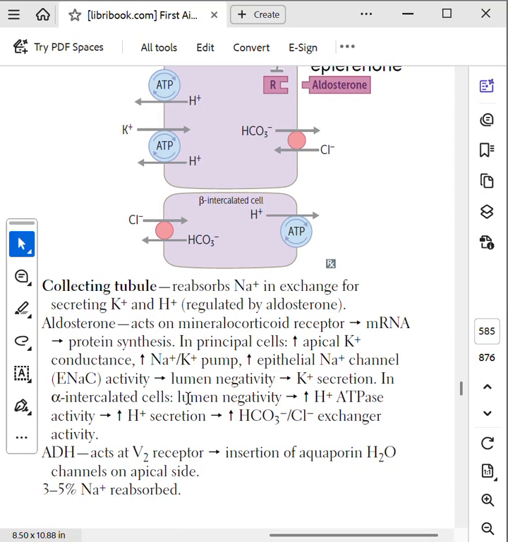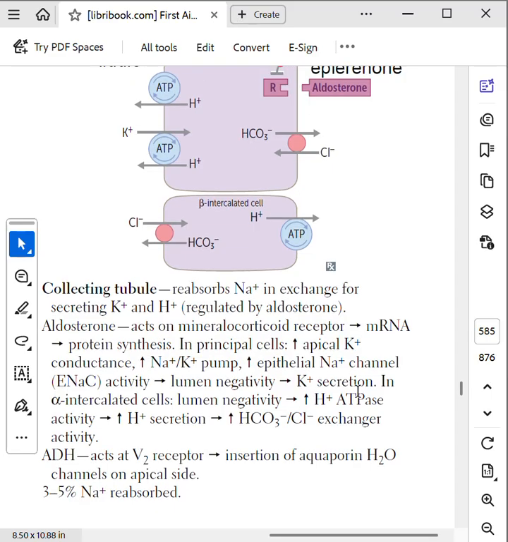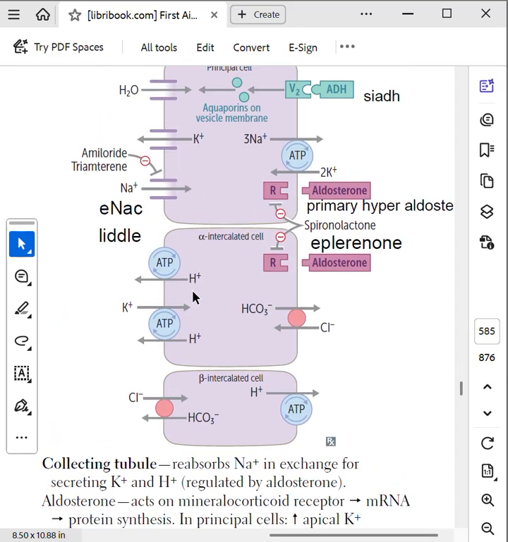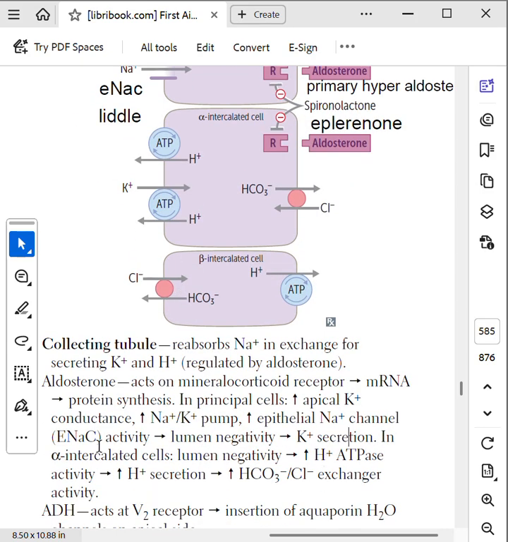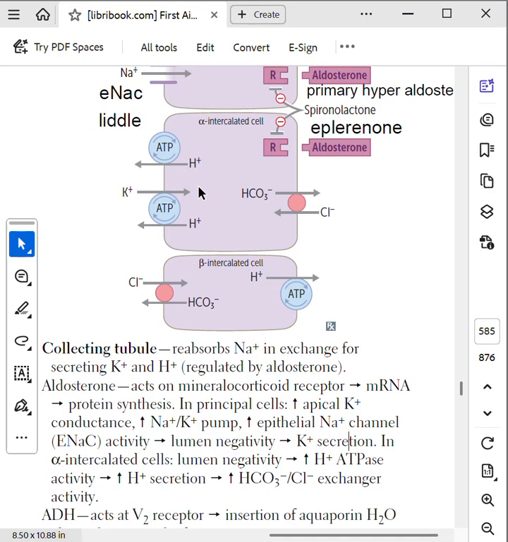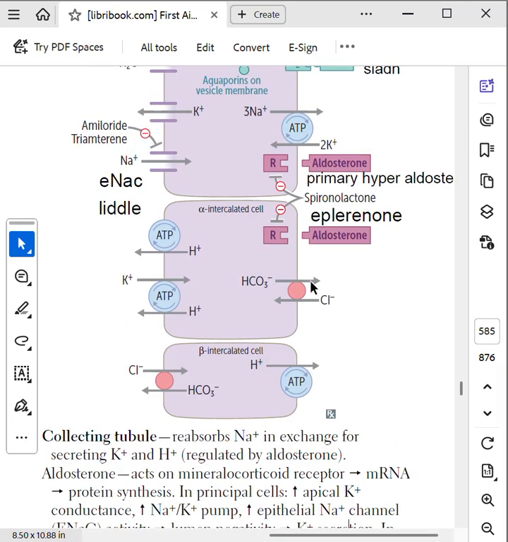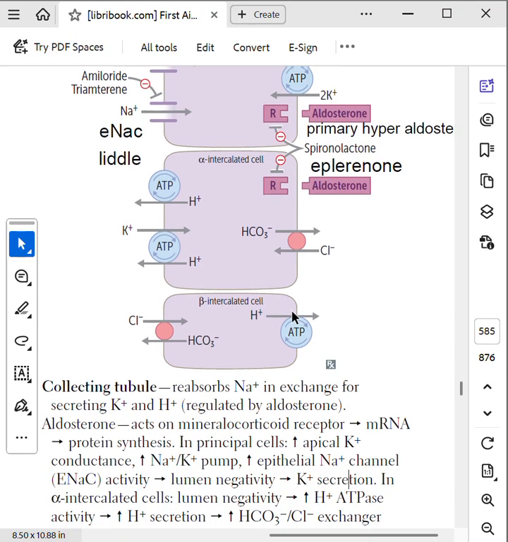In alpha intercalated cells, you get lumen negativity, and through the hydrogen ATPase activity, hydrogen secretion increases, and this causes the hydrogen carbonate chloride exchanger activity. So overall, you can just remember that the alpha intercalated cells help to lose hydrogen, and the beta intercalated cells help to lose base, which is hydrogen carbonate.